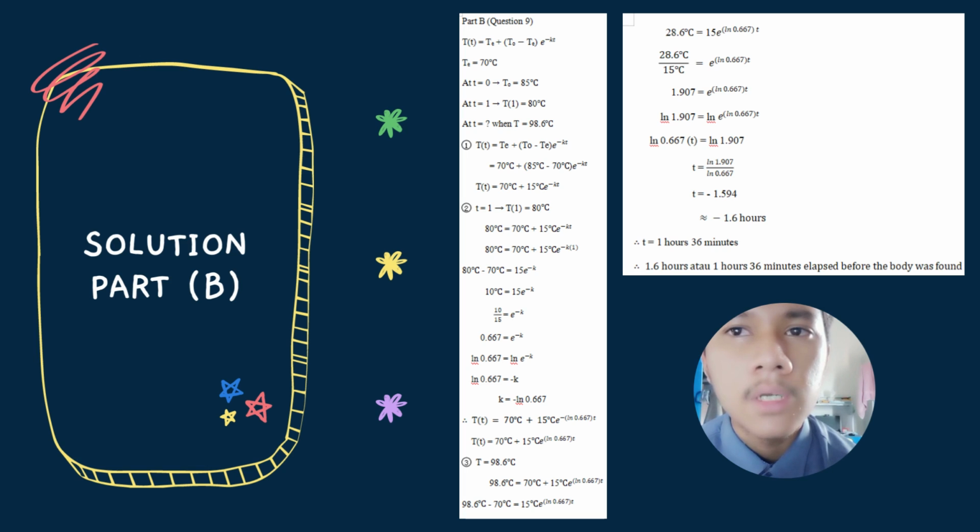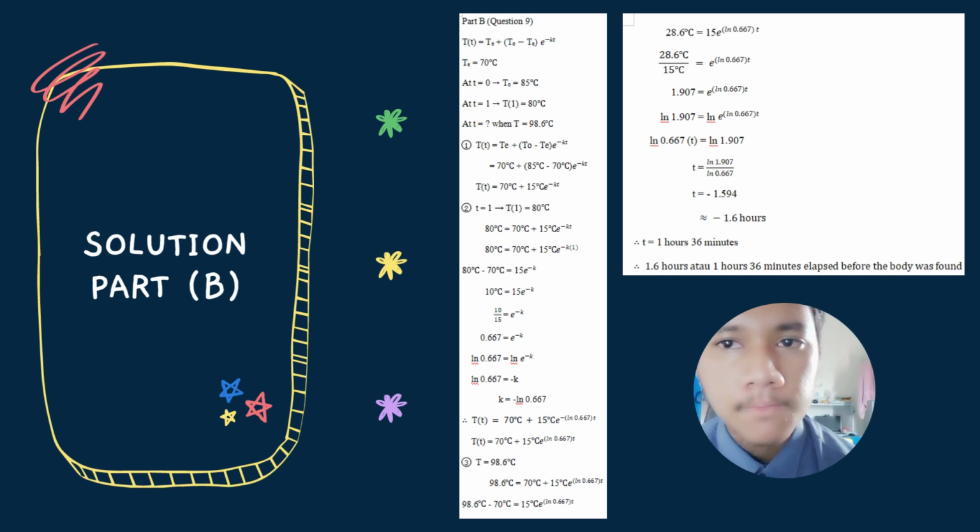The temperature at time 0 is equal to 85 degrees Celsius. So we need to find the time of the corpse before the incident. The temperature is 98.6 degrees Celsius. So we need to find the time.